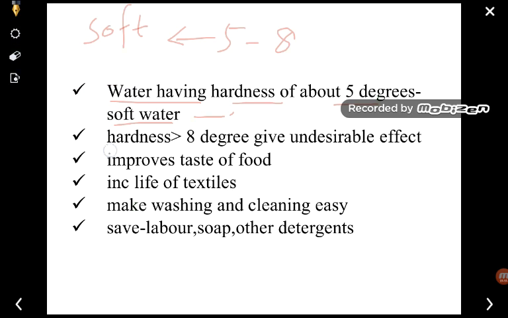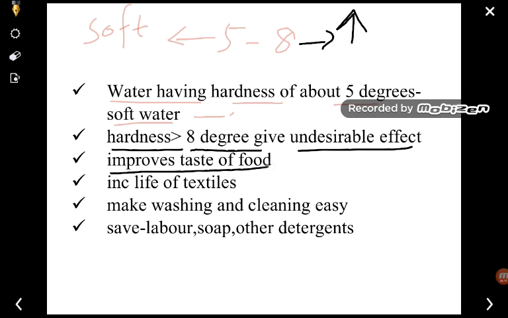And if the hardness exceeds 8, then we say it is hard water, and it gives undesirable effects. If the water is between 5 and 8 degrees, that is said to be soft water, and it improves the taste of the food.